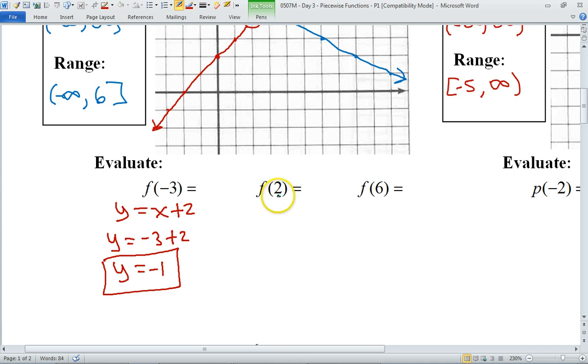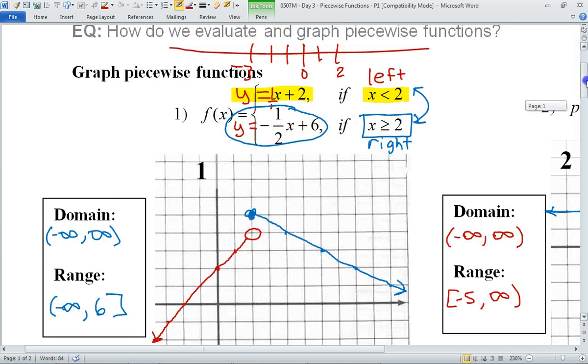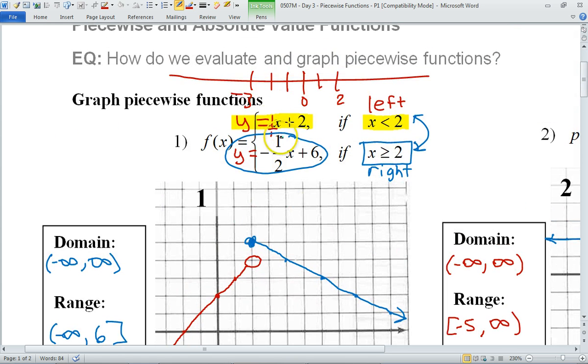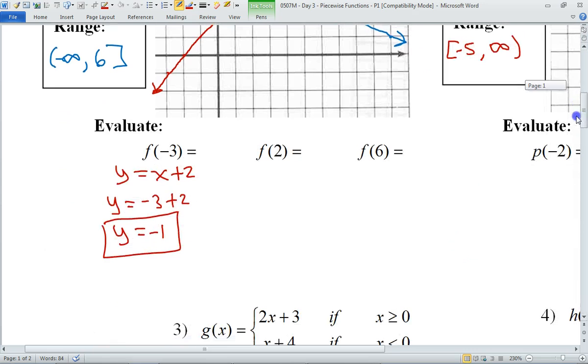Now, 2. If I'm going to evaluate at 2, let's look back. Am I going to use the top function or the bottom function? I'm going to use the bottom function because of the equal to 2 part. The bottom function has the equal to 2 part. So the bottom function is -1/2 x plus 6. So I'm going to use y equals -1/2 x plus 6.